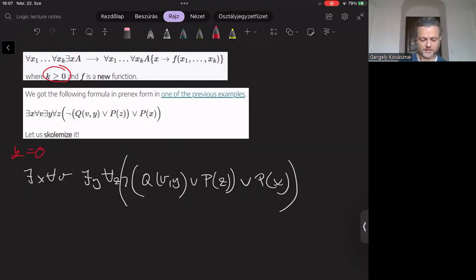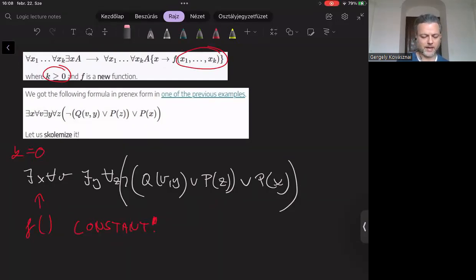So when I introduce a brand new function for x, let it be f, then I have to use 0 parameters, because I have to use as many parameters as many preceding universal quantifiers I had. Now I have none. This means that this function actually is a constant.